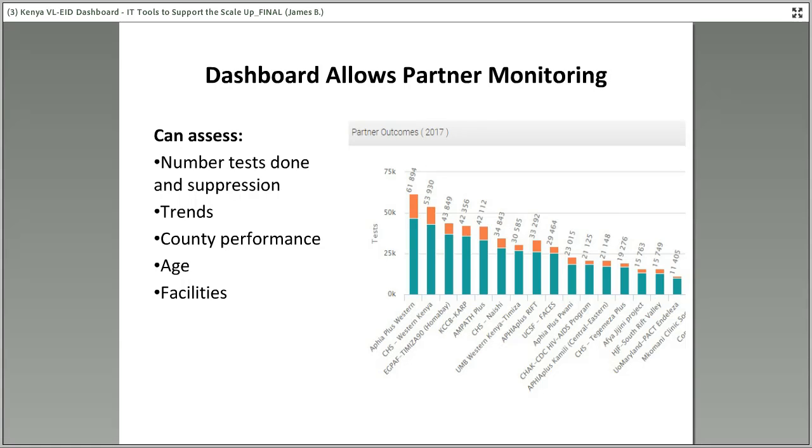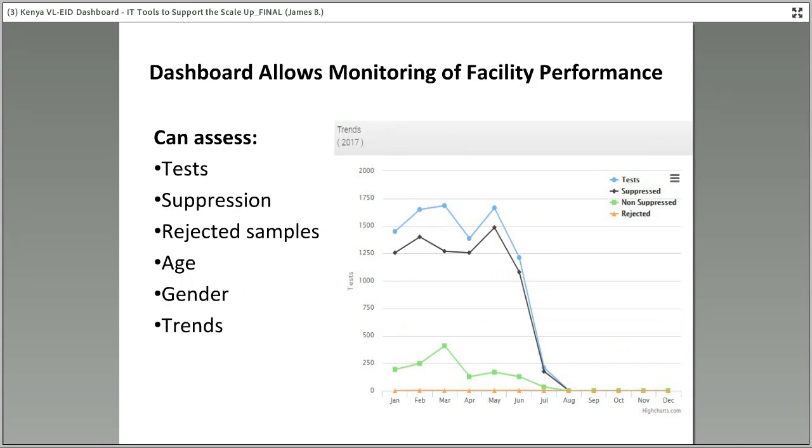We're able to look at the number of tests done per partner, separation, their trends, the counties where they are working, and how they are suppressing. Again, you look at their age data. We're able to look at their facilities and pinpoint which facility or which partner is not performing well. Nowadays, when we go out for quarterly meetings, we ask the partners to open the dashboard, and we're able to discuss right there using live data.